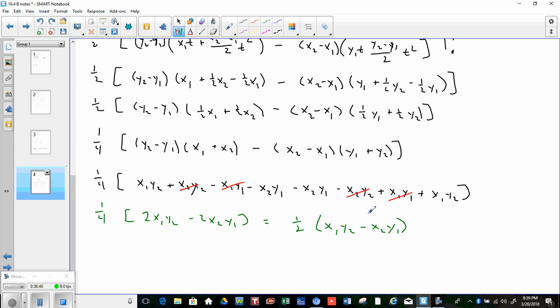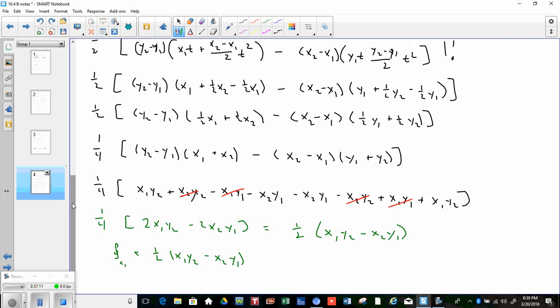All right, that's a really long way to go to get here, but what we've now done is we've shown that the integral over C1 is simply going to be 1/2 x1 y2 minus x2 y1.